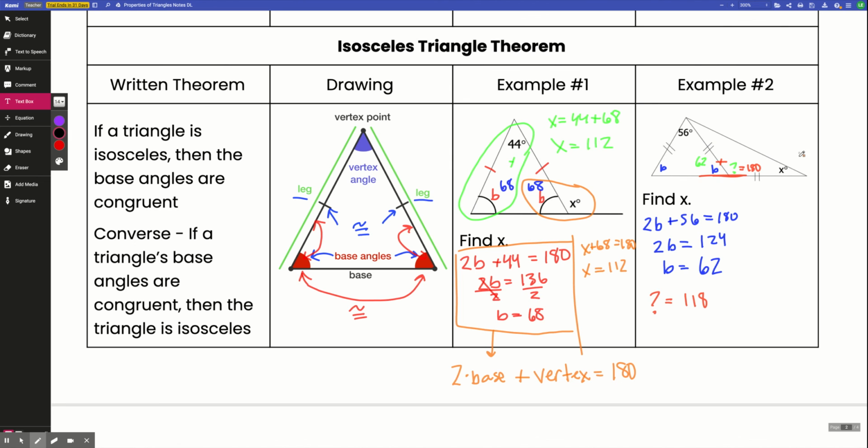Okay, all right, so now I can use that to find x. So 2 times x, right, because technically this angle up here is also x, 2 times the base angle plus 118 equals 180. Okay, so I end up with 2x equals 62 again, right? And cut that in half, divided by 2, divided by 2. So you get that x is equal to 31.